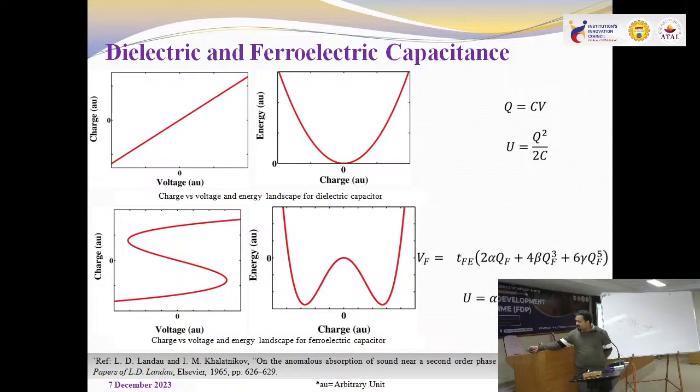Now, the relationship of energy and charge in ferroelectric is given by U equals alpha Q_F squared plus beta Q_F to the power 4 plus gamma Q_F to the power of 6. Now, if you get the values of alpha, beta and gamma, which are the anisotropic constants, you will get the characteristic like this. In between this charge and this charge, there is an inverted parabola.